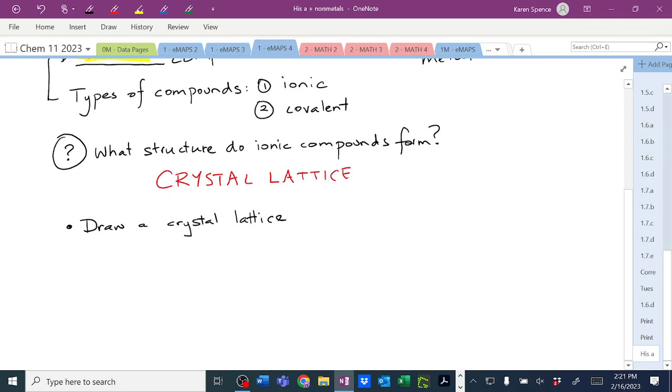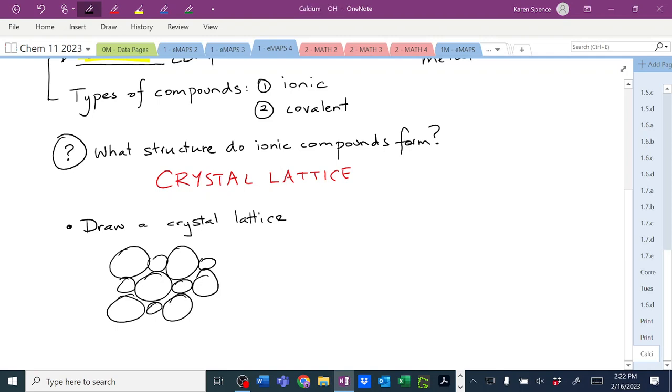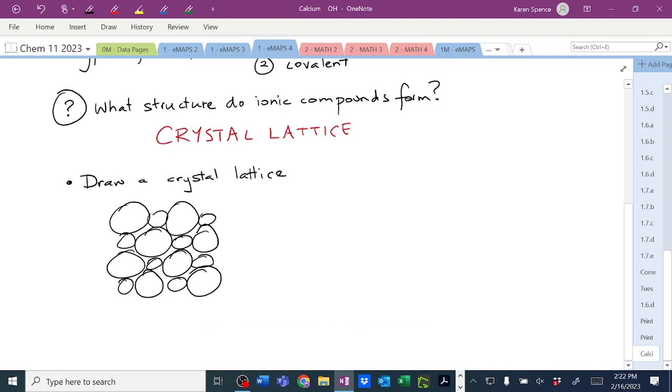A 3D square of alternating positive and negative ions. And what it's going to look like is you're going to have a big circle and then a smaller circle, a big circle and then a smaller circle, and then we're going to do the same thing on the row below it, just alternating. Now, if you didn't make them bigger and smaller, that's okay, not the end of the earth.